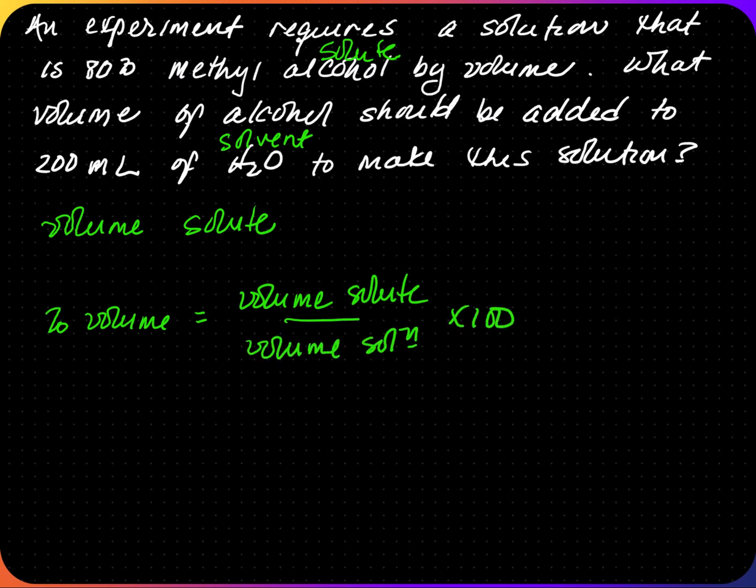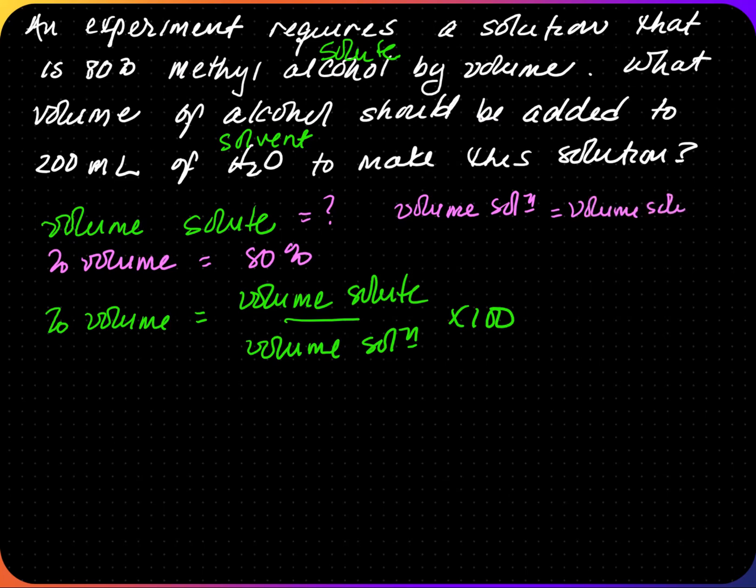So if you're struggling here, identify your variables. We already know we're looking for the volume of solute. We know the percent volume, and my percent volume here is going to equal 80%. The volume of the solution is going to equal the volume of the solute plus the volume of the solvent.